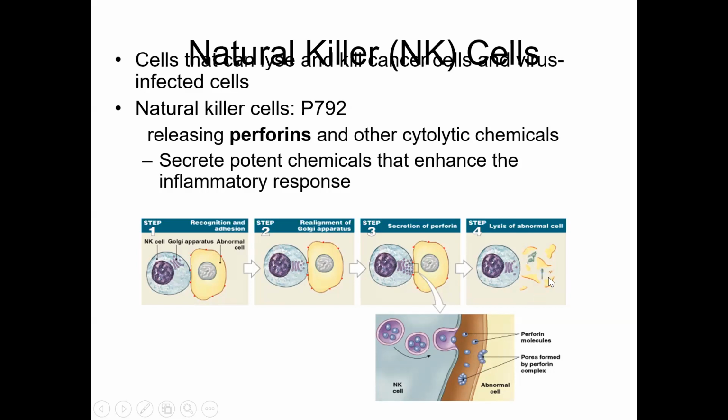So this mechanism is called the natural killer cell mechanism, releasing perforins to destroy abnormal cells. This one is not specific. As long as the natural killer cells sense there are abnormal cells around, it's going to trigger this response.